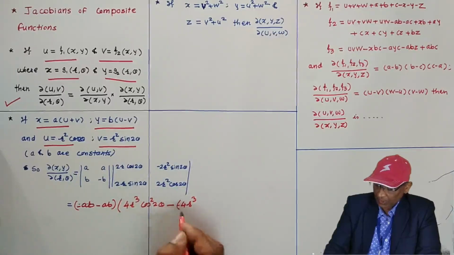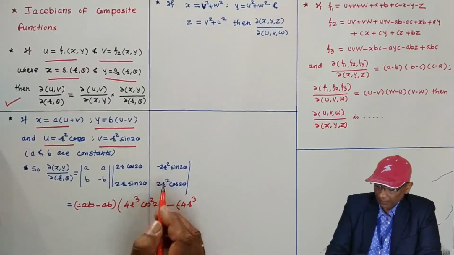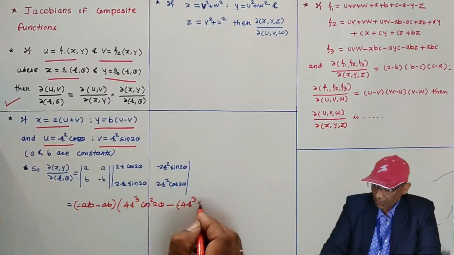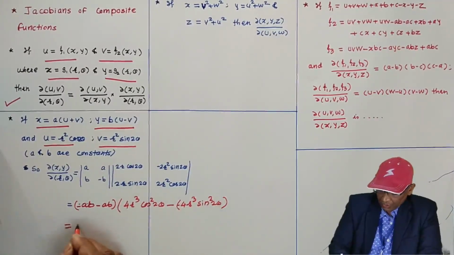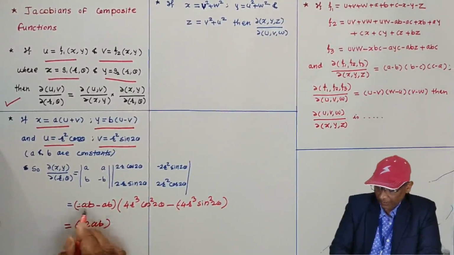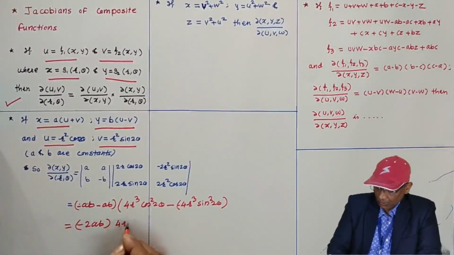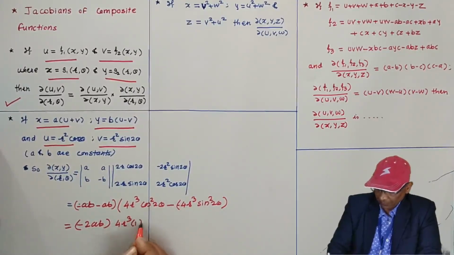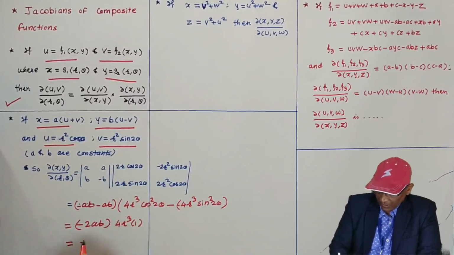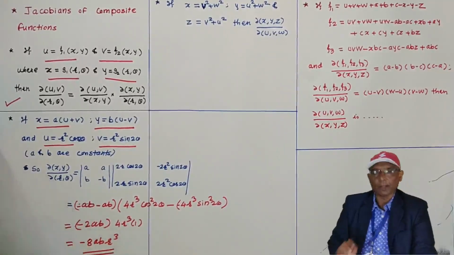Minus sign is there, and sin into sin is sin square theta. Now minus is common. Minus of 2ab you can write directly here, and 4r cube is constant. Cos square plus sin square is 1, and minus 8ab r cube is the value of this thing.